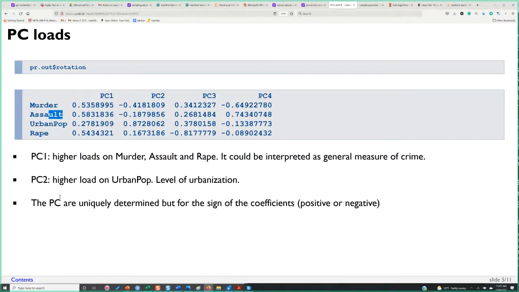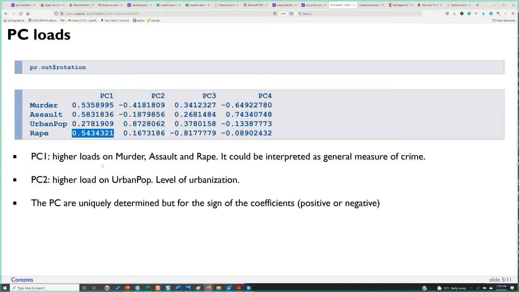Okay. So the first one loads on murder. It loads high on murder because nowhere else is high. It loads on assault, and it also loads on rape. Murder, assault, rape. It has high weights for those values.